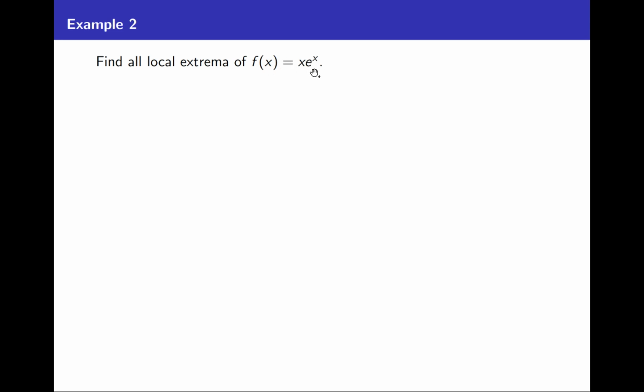We've got to use the product rule to compute this derivative. f prime of x is, by the product rule, 1 times e to the x plus x times e to the x. And when you look at that, you can see that the domain of this derivative is all real numbers. There's no x for which this is not defined. Whatever x is, you can do e to the x and then plus x times e to the x. So you're not going to get any critical points here where the derivative is undefined.